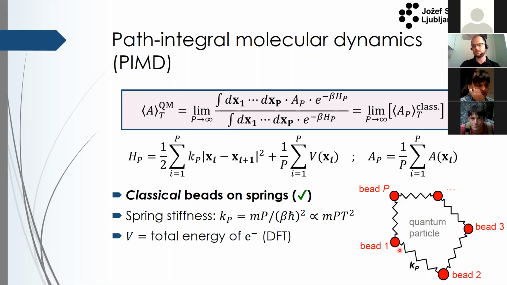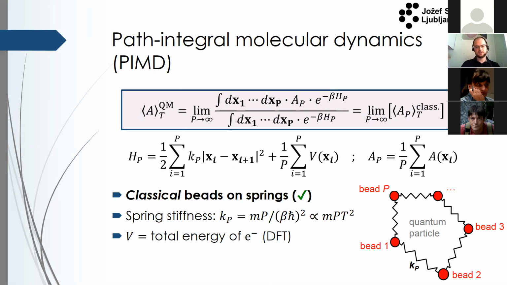And these beads connected by springs in a thermal potential have the same statistical mechanics classically that reproduces exactly the quantum mechanical statistical physics. Basically, the classical expectation values as P goes to infinity become exactly the quantum mechanical thermal average. Okay, so we replaced a quantum mechanical system by a classical one.